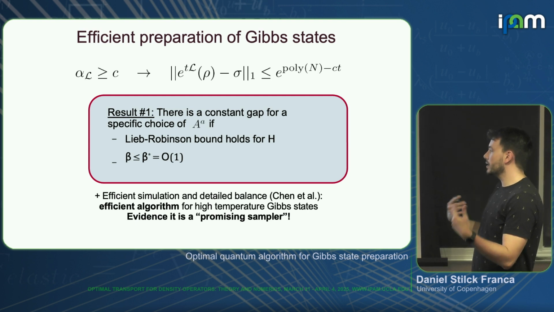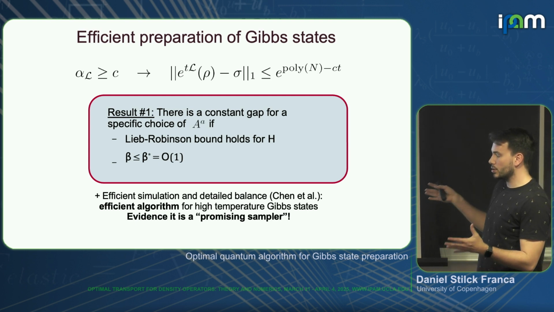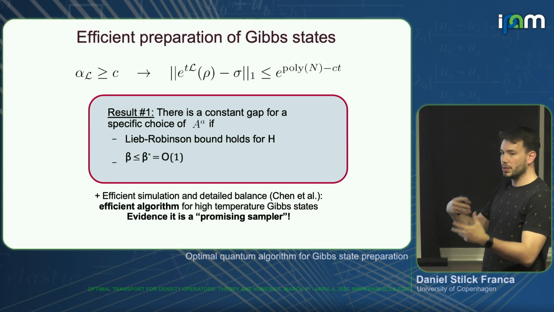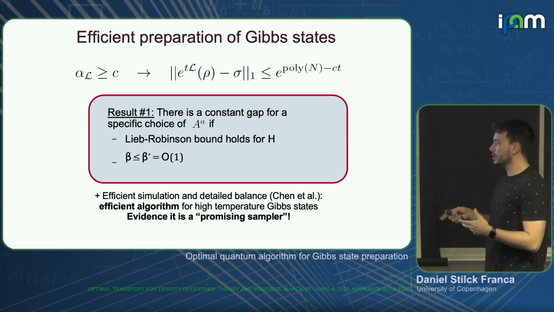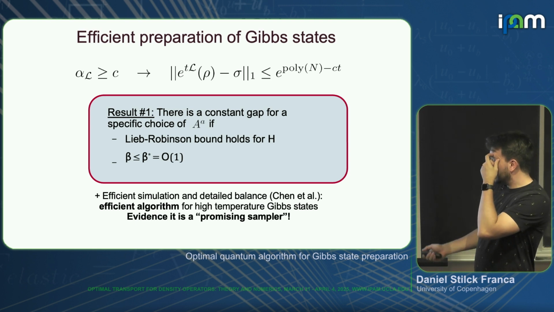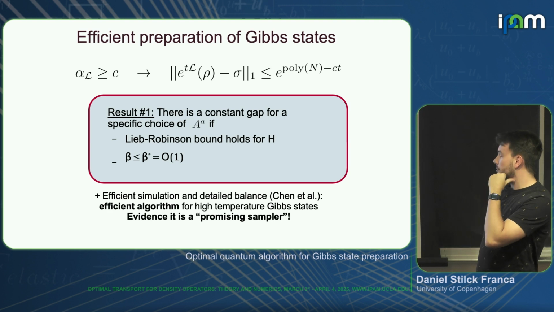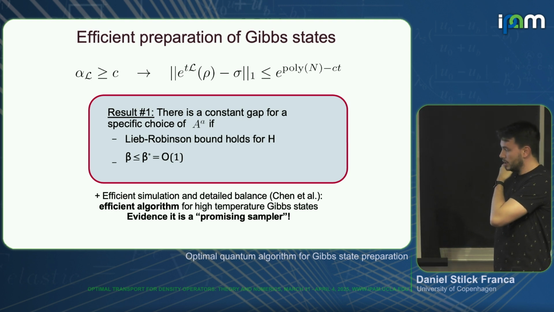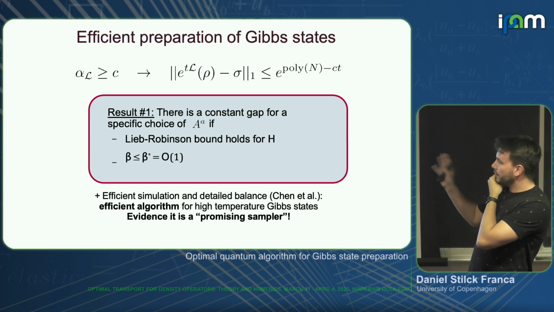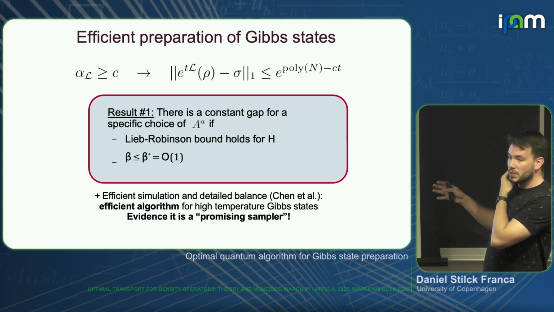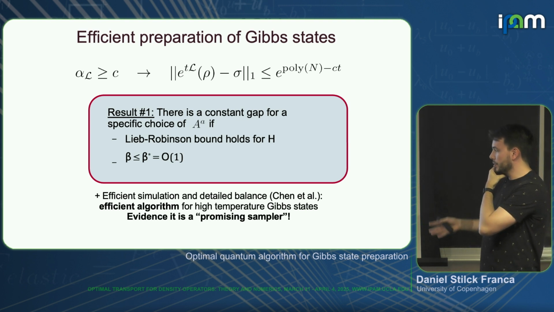So combining our first result with what I mentioned before, that you can efficiently simulate those Lindbladians on a quantum computer, this gives you an efficient algorithm for high temperature Gibbs states. Okay, so this tells you that you can efficiently prepare these Gibbs states on a quantum computer.